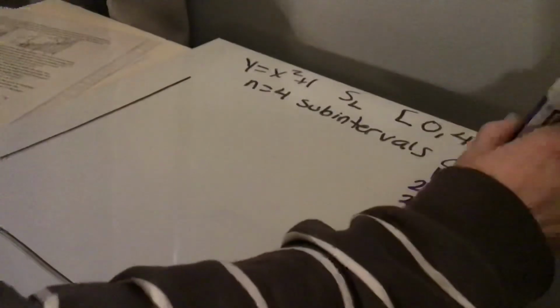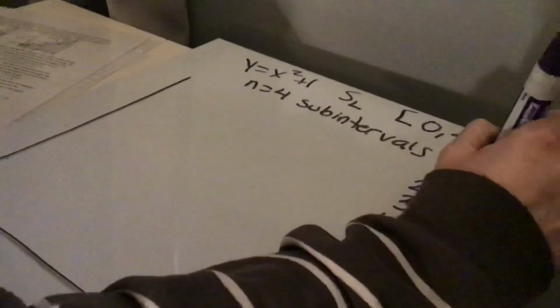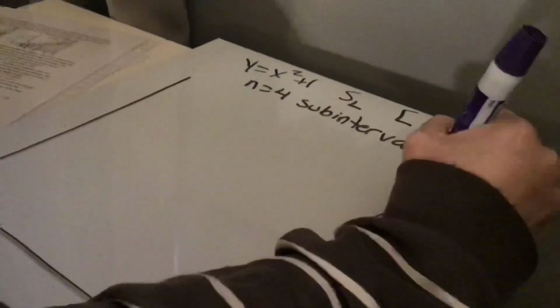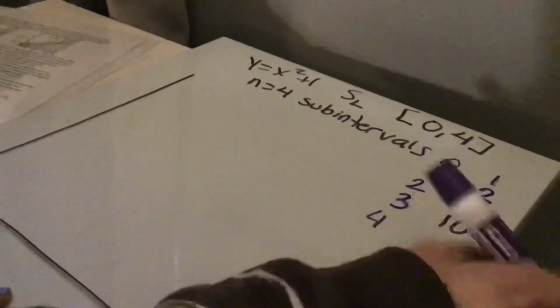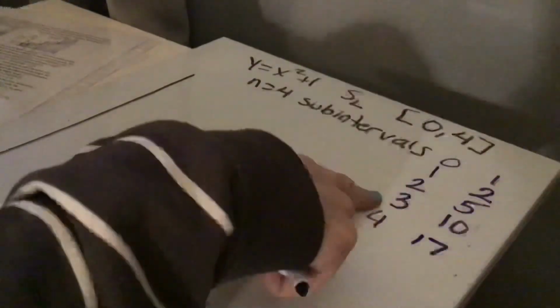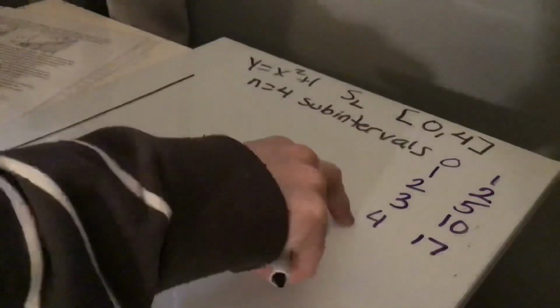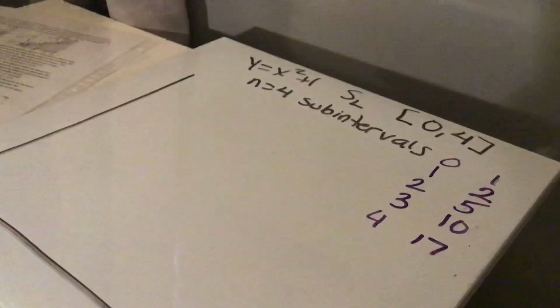So when x is 0, y is 1. When x is 1, y is 2, 2 gives 5, 3 gives 10, and 4 gives, no, 17, because 9 plus 1, 4 plus 1, and 16 plus 1.